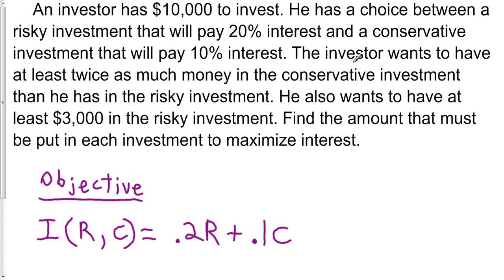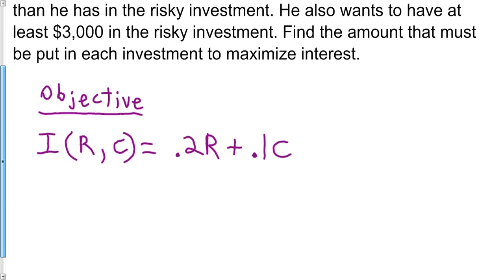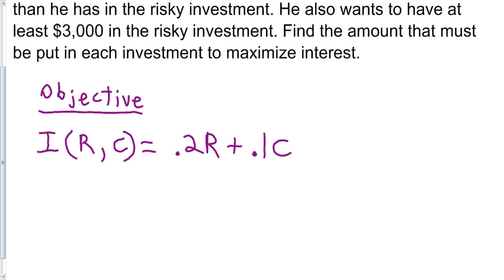Well, it says here, the investor wants to have at least twice as much money in the conservative investment as he has in the risky investment. So at least twice as much money in C as he does in R. So here's what we're going to write for our first constraints. So constraints now.